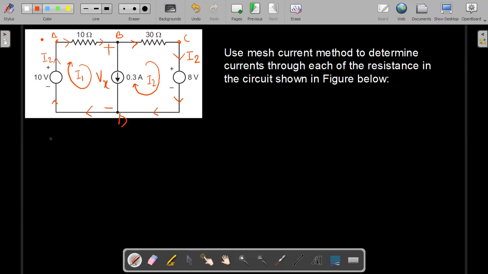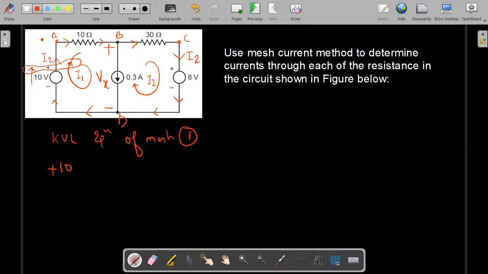Now we'll write the KVL equation. So KVL equation of mesh 1 is, now let us write. The direction of this voltage 10 volt is from minus to plus, and these two currents are matching, directions are matching. So we'll take it as plus 10.